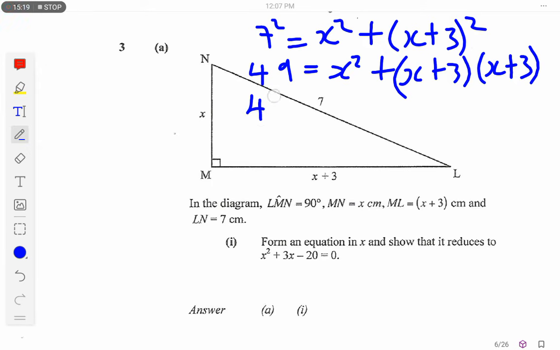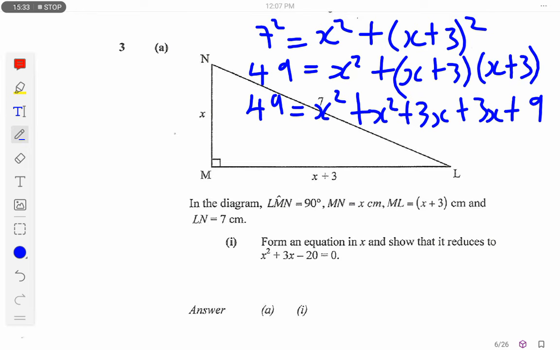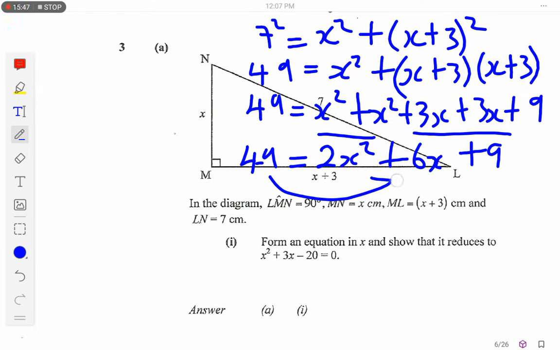So I'll have 49 is equal to x squared plus x squared plus 3x there, plus 3x and plus a 9 there, like that. Now I can simplify the x squared together, the x's together, so I have 49 is equal to 2x squared plus a 6x here plus a 9. I can take the 49 this side, and now it says 0 there. 0 is equal to 2x squared plus 6x plus 9 minus 49.